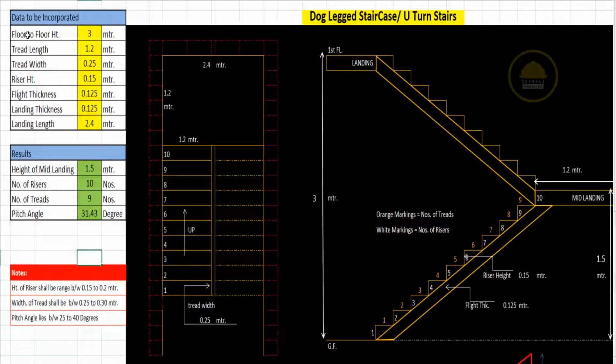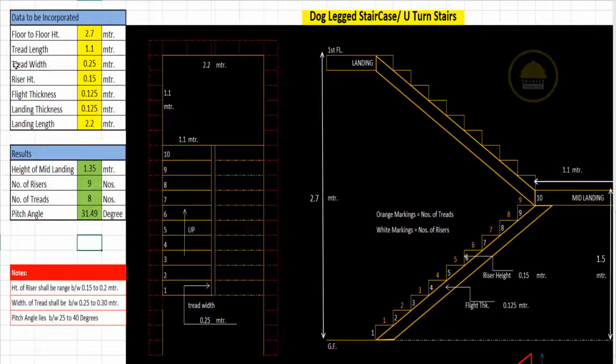You just have to put in the floor to floor height. Suppose we have a floor to floor height of 2.7 meter. As you can see, the floor to floor height is showing as 2.7 meter, and the tread length we are taking is 1.1 meter.